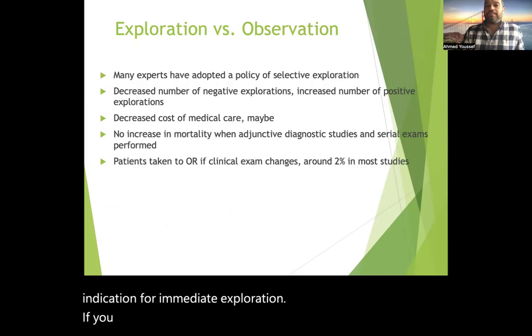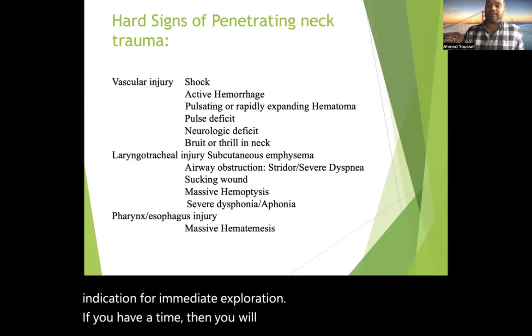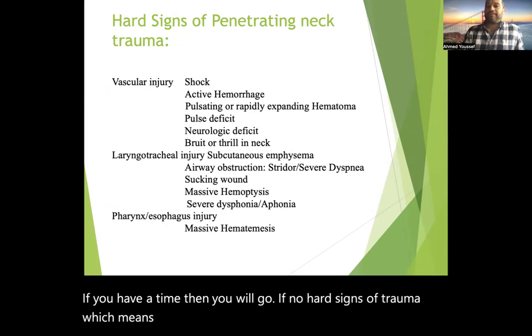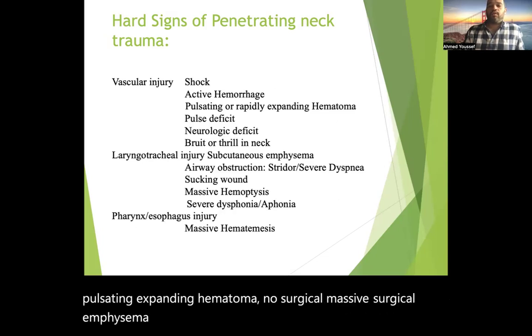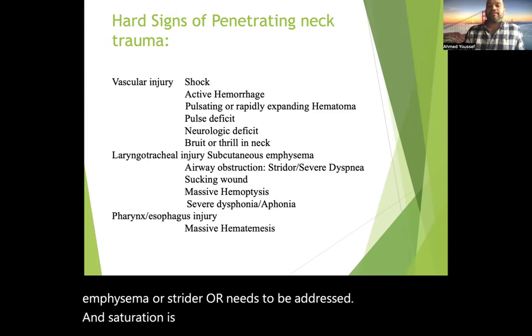If you have time, then you will go ahead if there are no hard signs of trauma, which means no active bleeding, no refractory shock, no pulsating expanding hematoma, no massive surgical emphysema or stridor that needs to be addressed, and saturation is fine, and there is just a hemoptysis or hematemesis.